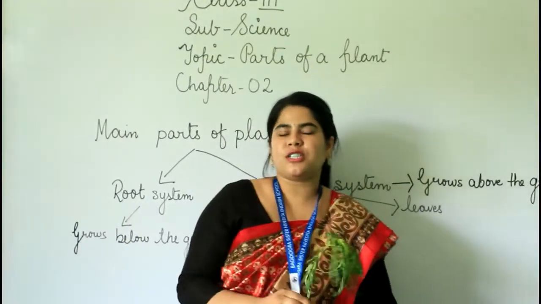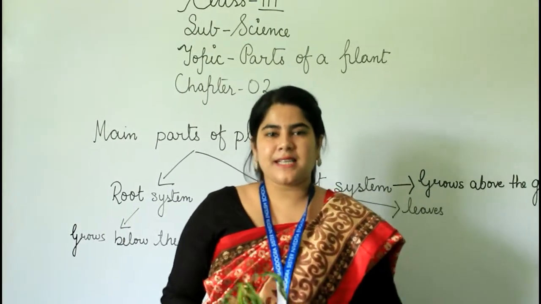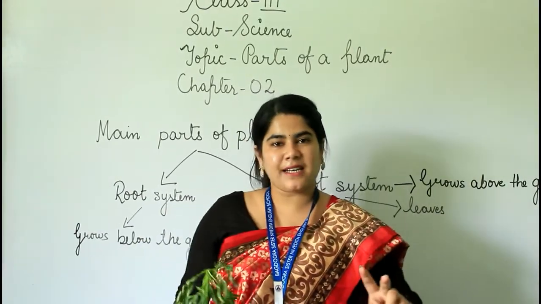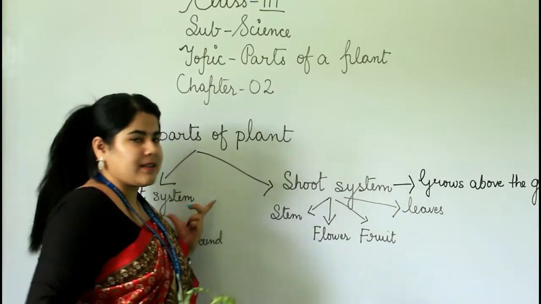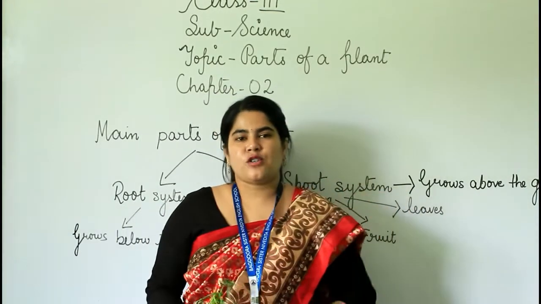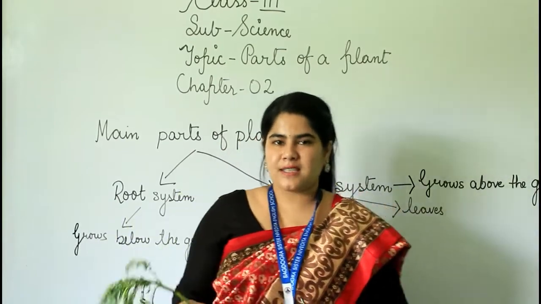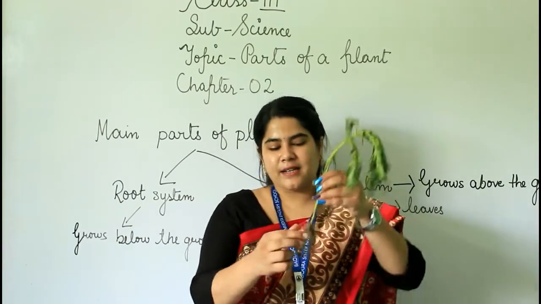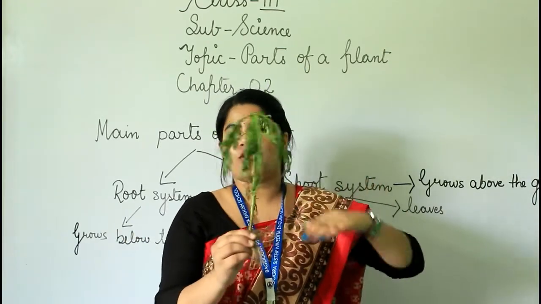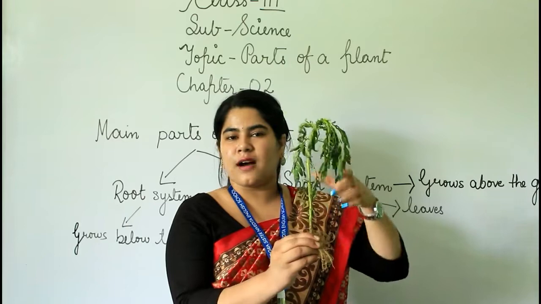Okay, so children, a plant basically can be categorized into two main parts, that is root system and the other is shoot system. So what is that? A question may arise, right? So let me tell you that this is called root that grows below the ground and that grows above the ground. Which part grows above the ground?